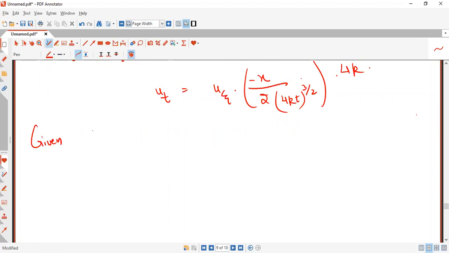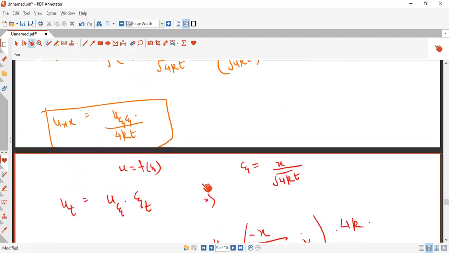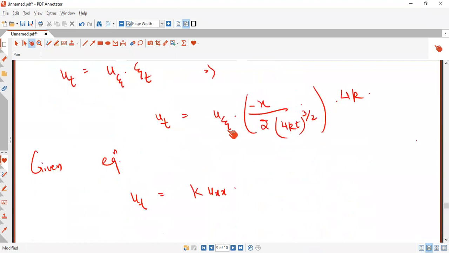Now substitute these values in the given equation. Given equation is ut equals k times uxx, right? Solve it. Whatever value you're getting, just integrate because you have got this u xi and u xi. What you're going to do is just substitute the values of ut and uxx here.